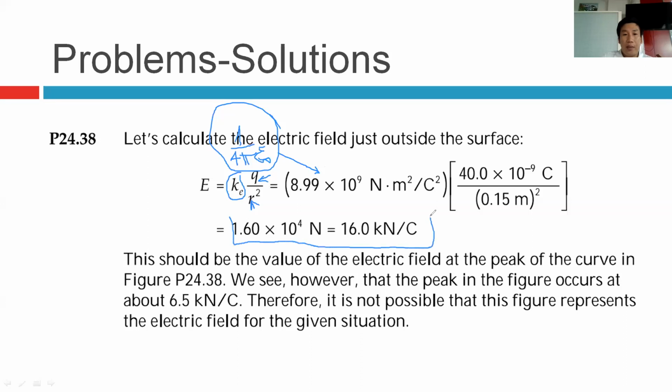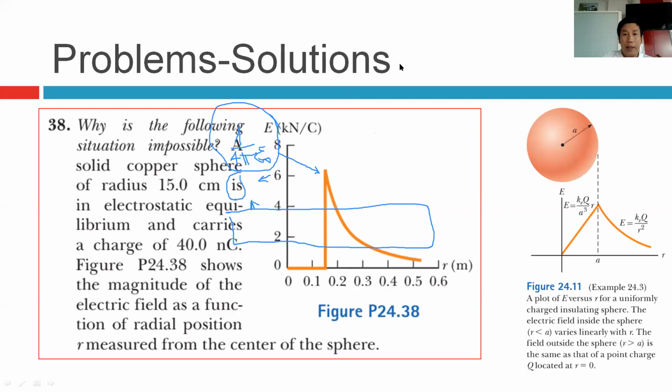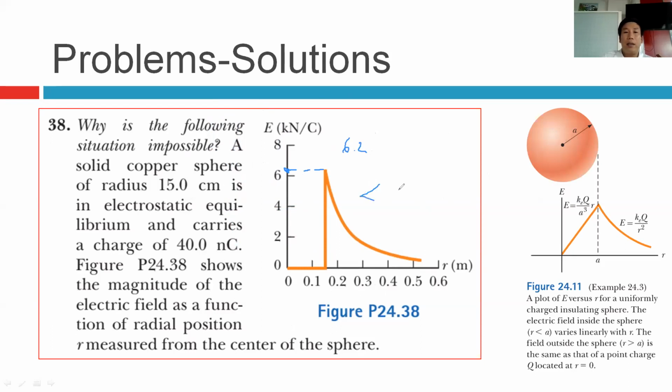And they substitute the values of r and Q, using k_e, and they obtain 116 kilonewtons per coulomb. And look at the figure here. In the figure, the maximum value of the electric field is just around 6.2 kilonewtons per coulomb, which is less than what we calculated.